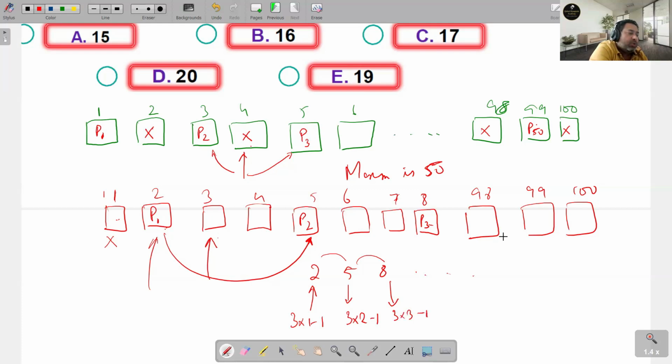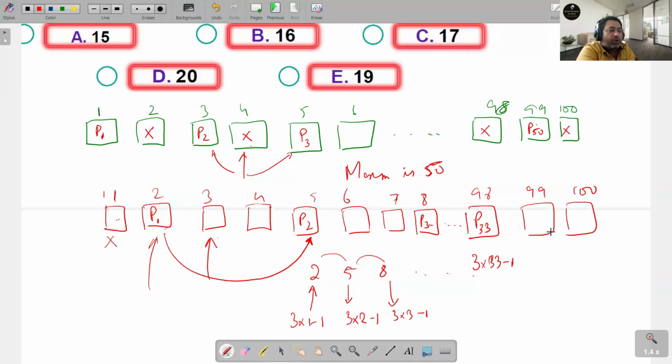So the last person who will sit here will be on 98, right? It will sit on 98, which will be 3 times 33 minus 1. So this one will be the 33rd person, P33. All right.